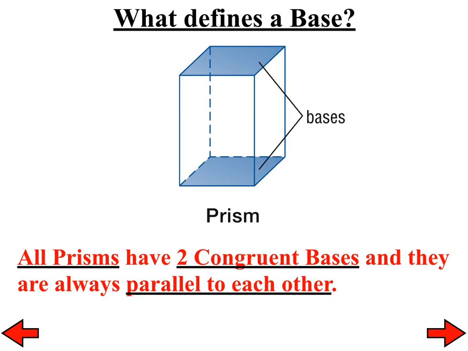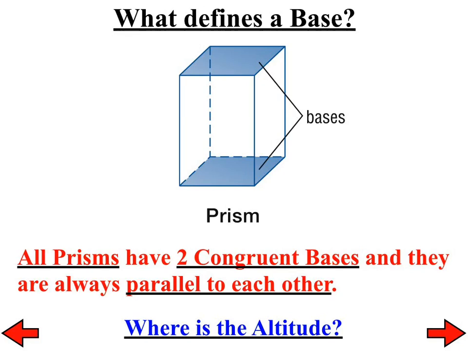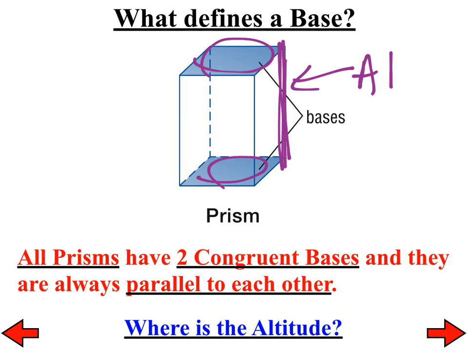They're congruent, which means they're the same, and they have to be parallel to each other. So where is the altitude? Well, the altitude in a shape like this is how tall it is. Well, if that's the base and that's the base, then this right here would be how tall it is, or the altitude. And so we're going to do a little bit of work on finding these things right now.